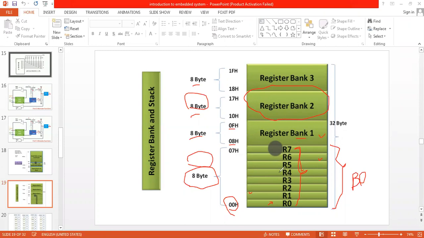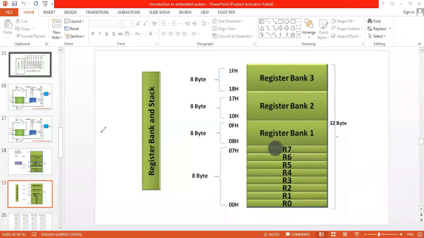Then again R0 to R7 are repeated in bank 2 as well as bank 3, but according to the memory location, the memory address is different. The name is same, but the memory address is different. So that we cleared in the previous class, and then we go to the next slide.